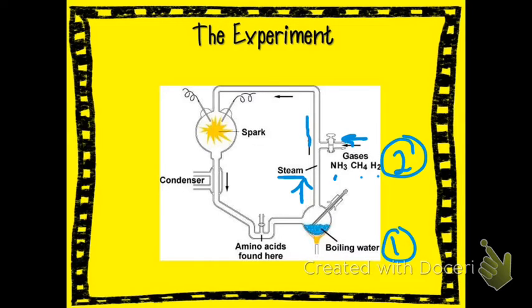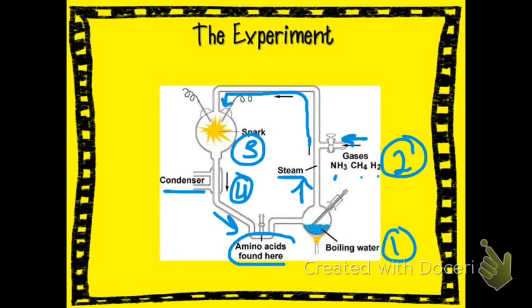All of this mixture is going to travel around the tube over to this area, where the third step was we introduced a spark to simulate the lightning. This spark gave the energy needed for the atoms in the gases and the water to rearrange and form different molecules. After this point, the fourth step was that we condensed it, and then we collected our final mixture down here at the bottom.